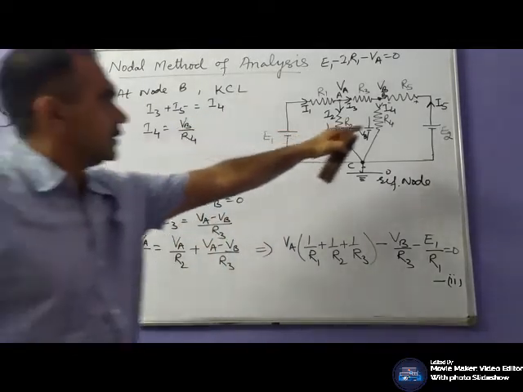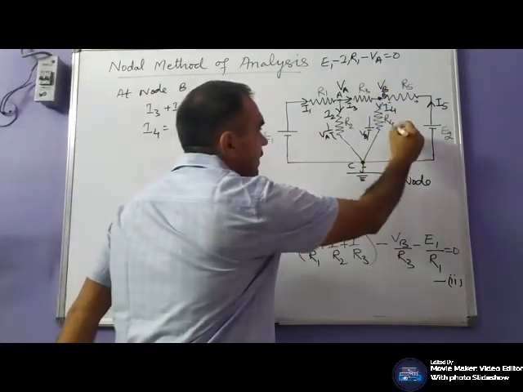And what would be the I5? Apply KVL in this loop.